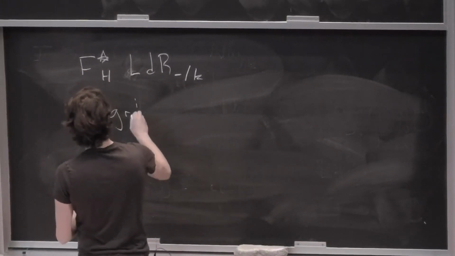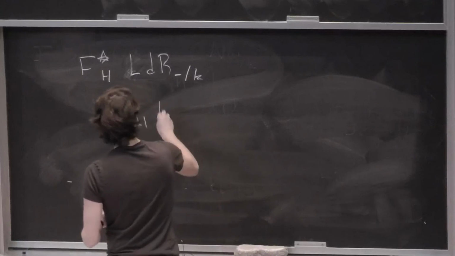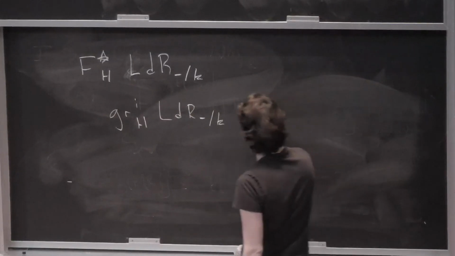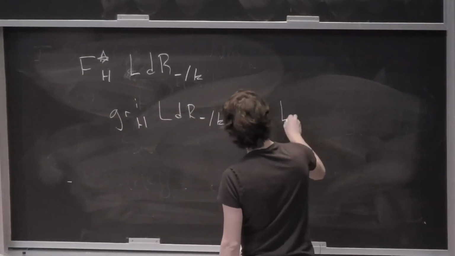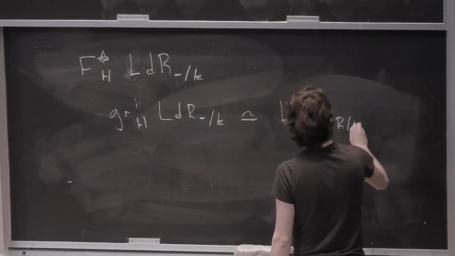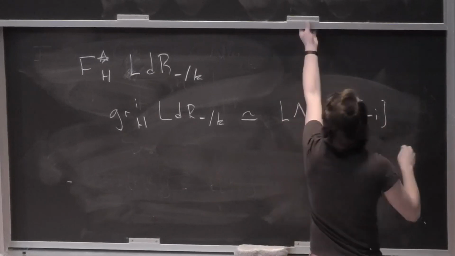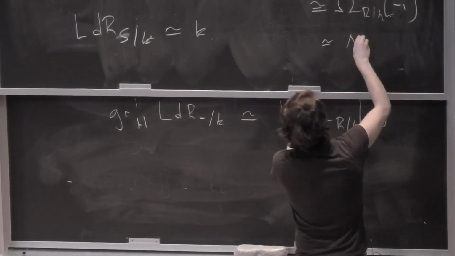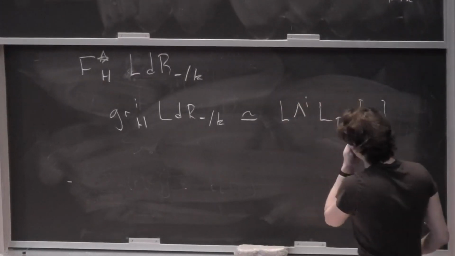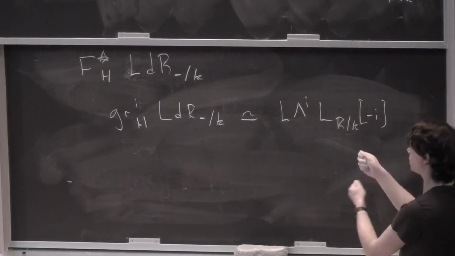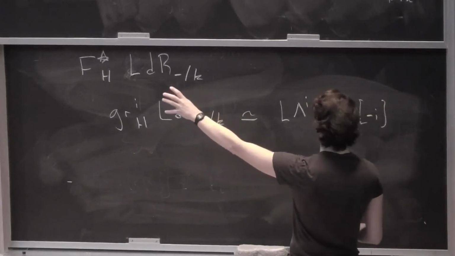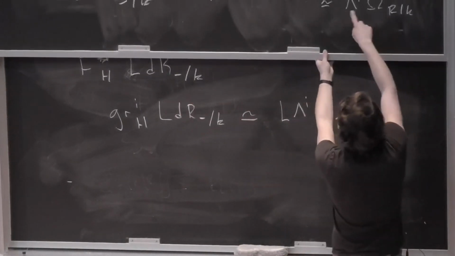Well, formally, just because of what happens when you extend these functors by colimits, you take the derived exterior power of the cotangent complex of R over K, and you shift it into degree minus I. So this is the ith exterior power of omega 1 R over K. And because the order doesn't matter when you take the graded pieces, when you do this Kan extension on the graded pieces, you're deriving this functor.